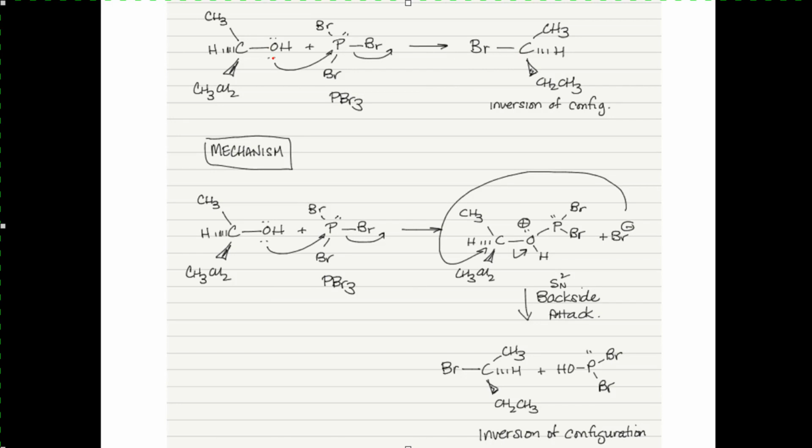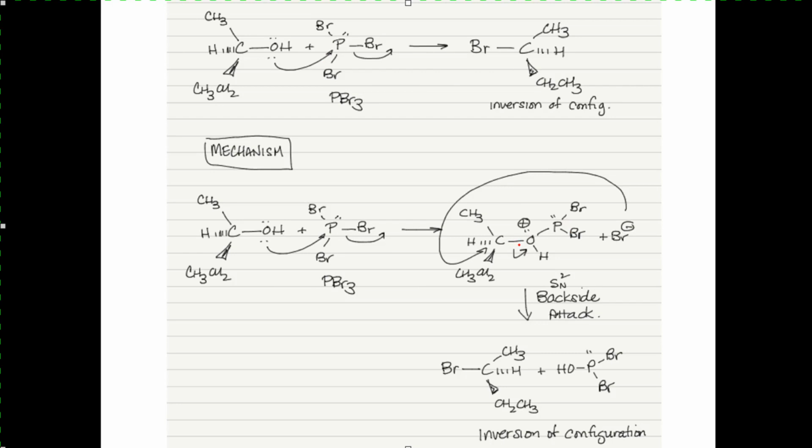What happens is the OH group of the alcohol will come in and attack the phosphorus and kick off a bromine. And so when that happens, it basically forms the oxonium ion, and now the phosphorus has 2 bromines attached to it.